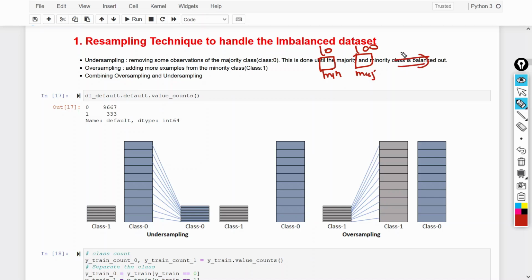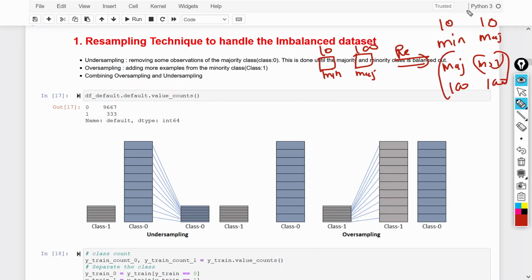Using the resampling technique, we make the minority class equal to the majority or the majority class equal to the minority. Minority will be equal to 10, majority will also be equal to 10, or majority here is 100, so minority will also be 100.